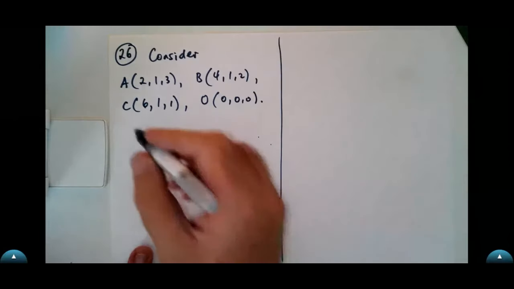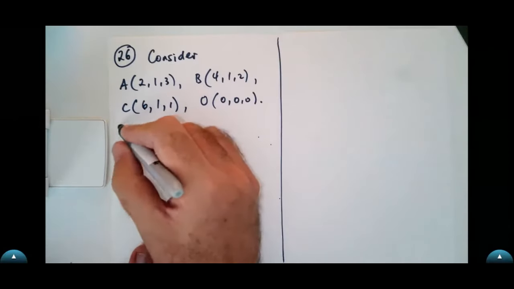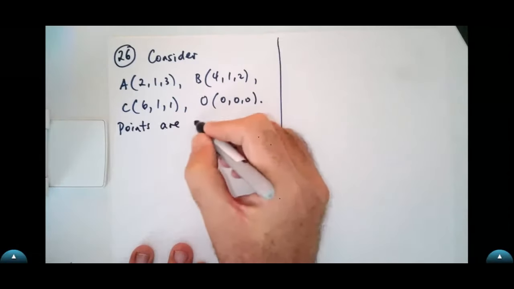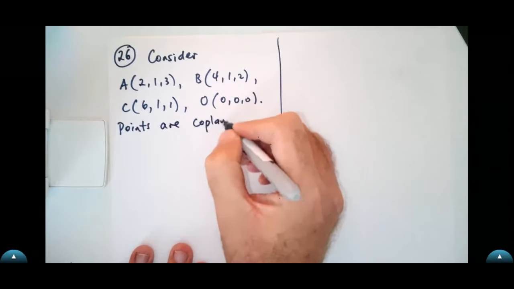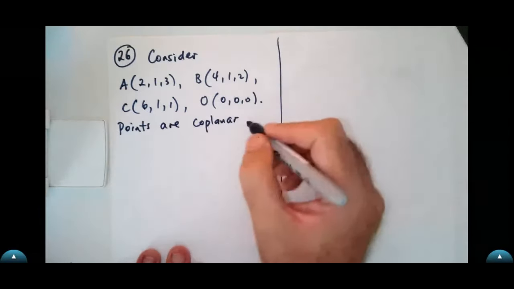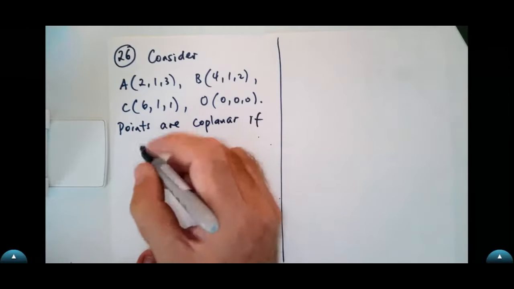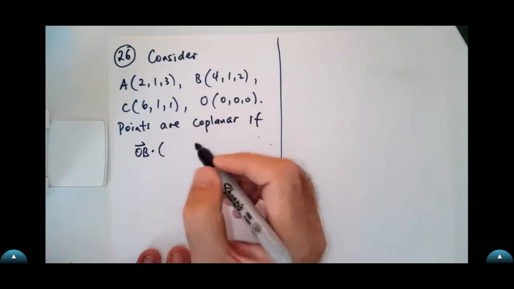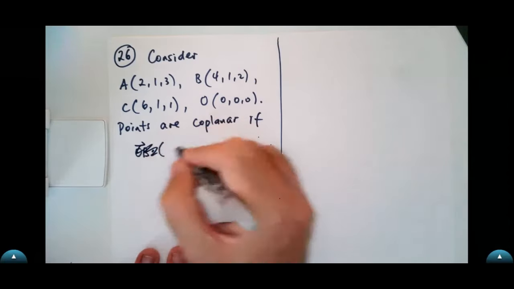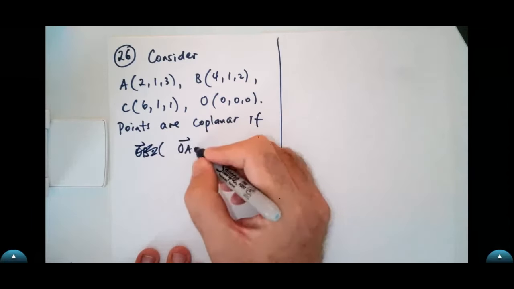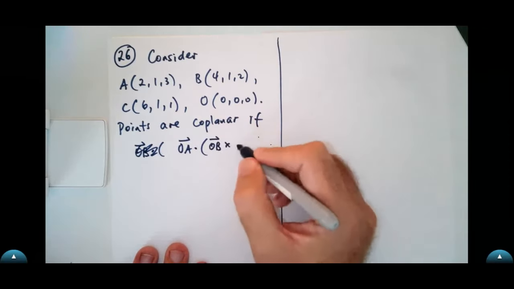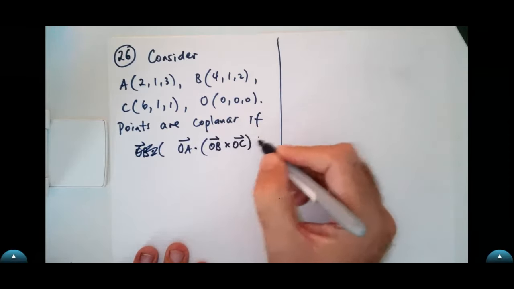So let's consider this. There's a little theorem that says these points are coplanar if the following. Oh, sorry, I'll do OA there. This triple product, scalar triple product, is 0.